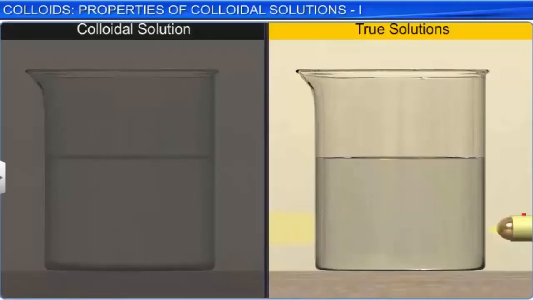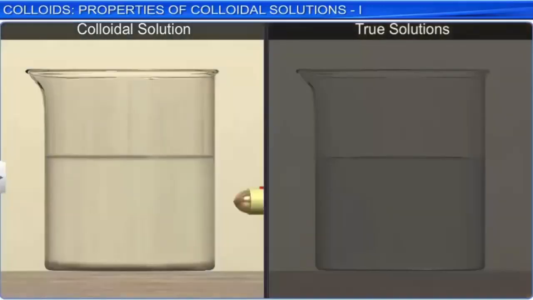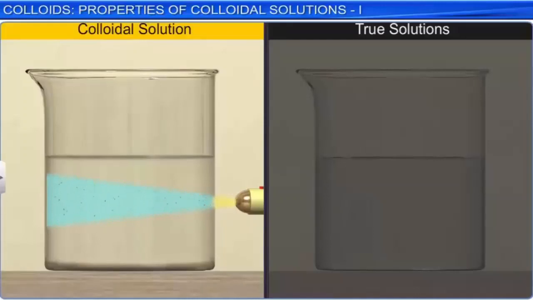The solution appears clear if observed in the direction of light, and perfectly dark if observed from a direction perpendicular to the direction of light. On the other hand, when a beam of light is allowed to pass through a colloid, it gets scattered by the colloidal particles, and the path of the light can be traced.